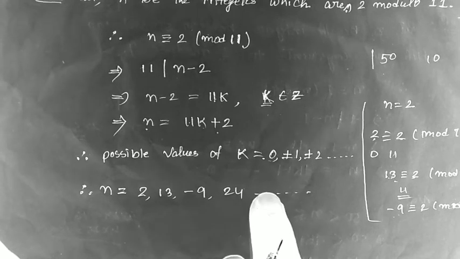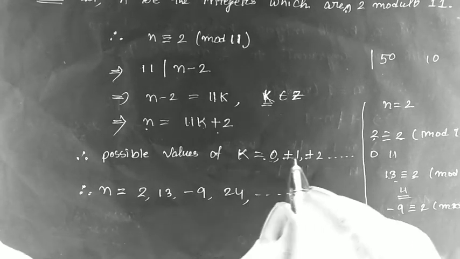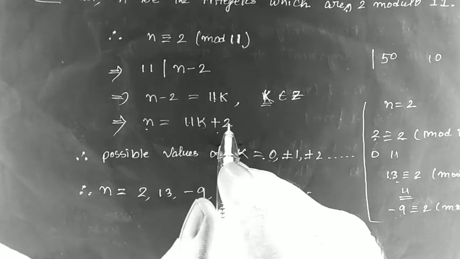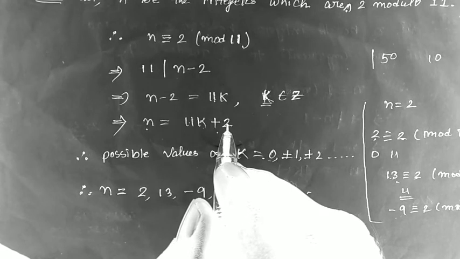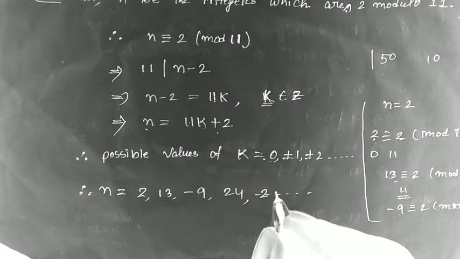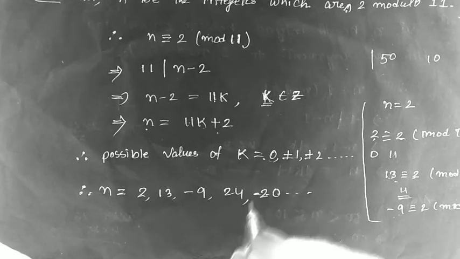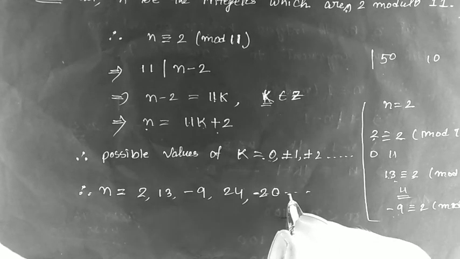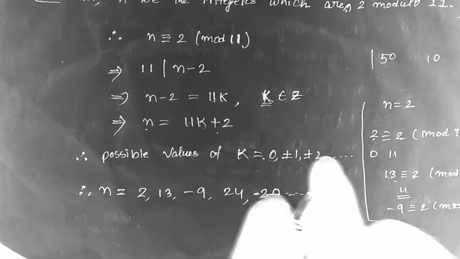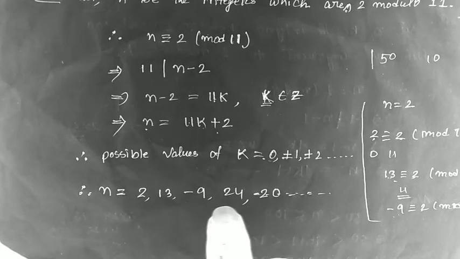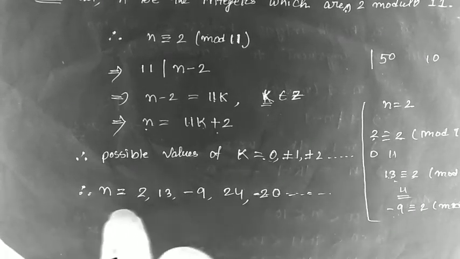And one more you can write, if we put minus 2 here, minus 22 and 2, minus 20, this is also correct. So if we put all the values plus 3, minus 3, the sequence will continue.